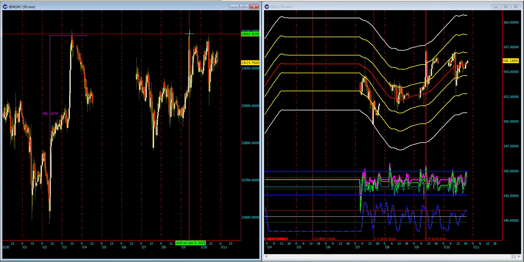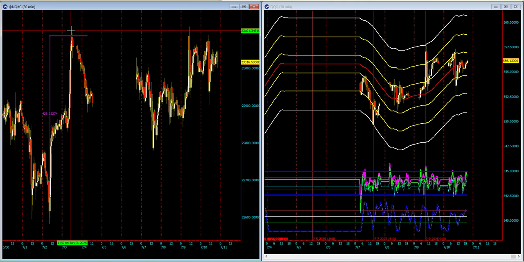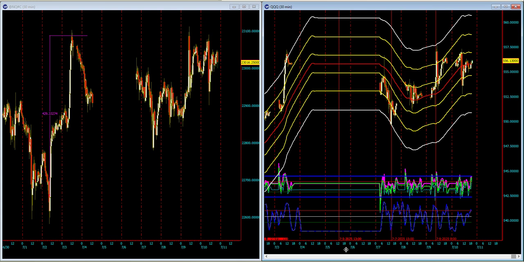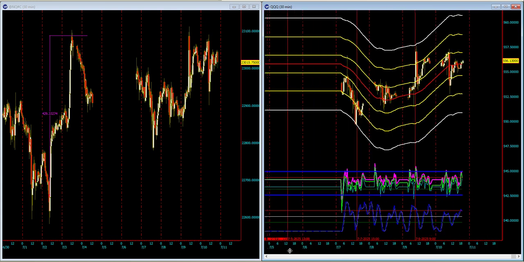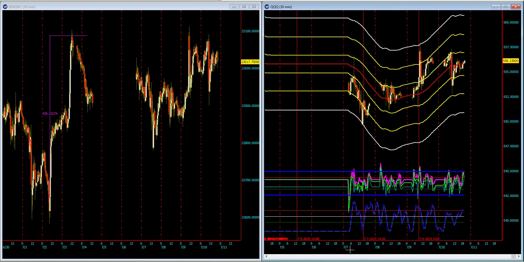This is the position. You can do the same thing with the NDX also, SPY, ES, it doesn't matter.